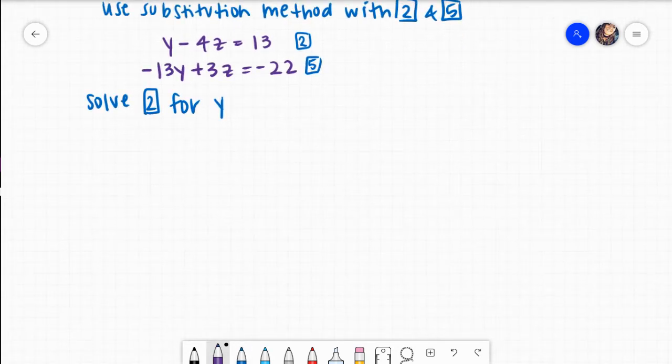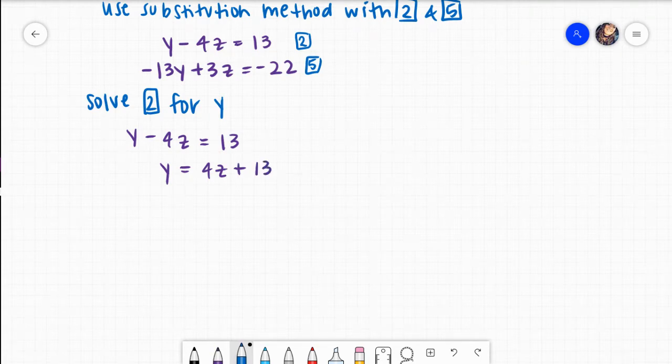So what I get is y minus 4z equals 13. I would move that over and I would get 4z, that's a positive 13. So this is a new equation. Call it equation 6.